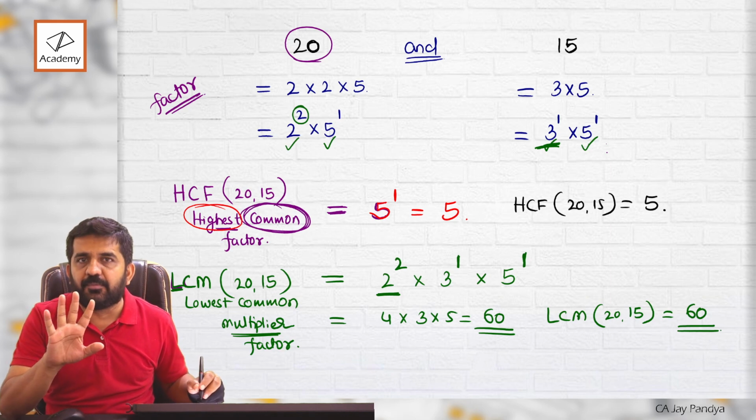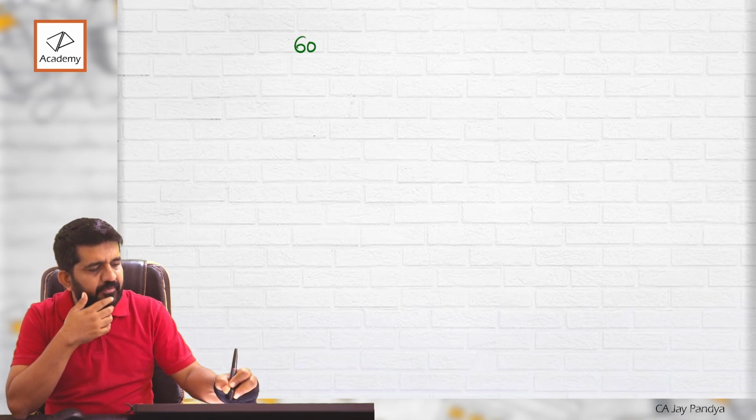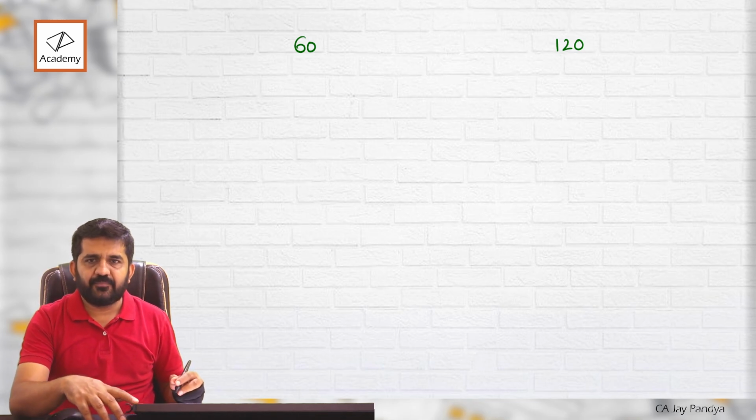There should be two numbers, right? Let us go to other two numbers. 60 and 120. These are two numbers, right?